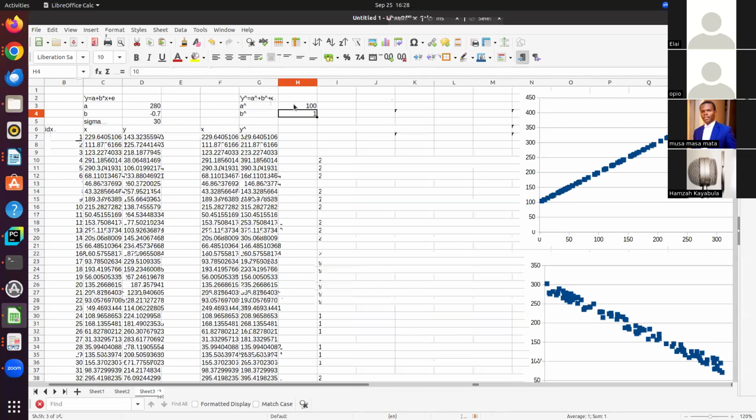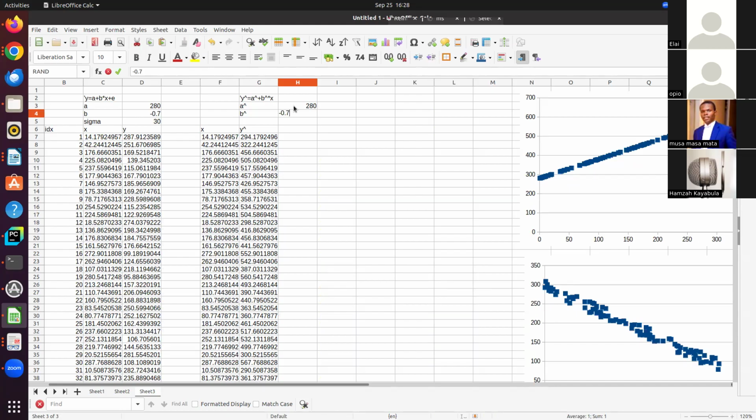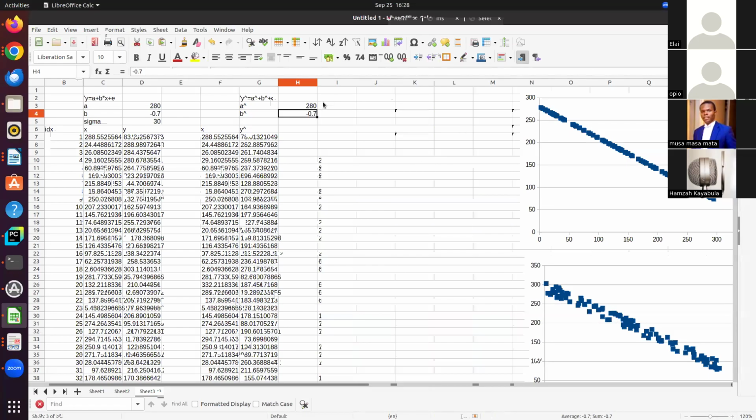If I have 280 here and minus 0.7 here, those lines are as close as possible to those ones. So we're trying to measure the distance between the points here and the points here, and we're trying to move those such that the difference between them would be the minimum. That would be our best finding of these A and B.